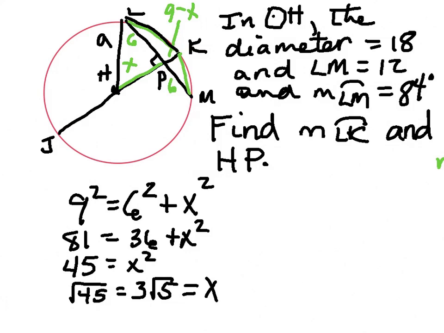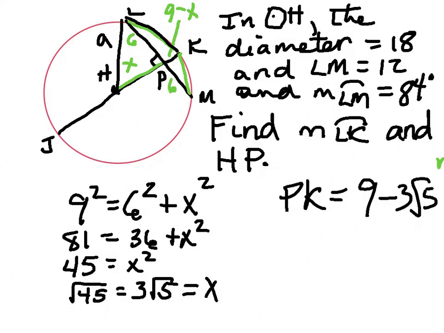If I wanted to also find PK, then I would do 9 minus x. And some problems do ask you to do that, so I apologize. But that would be 9 minus x, or 9 minus 3 square root of 5, for PK. So PK is this, and this is HP, which I already found. So it becomes a Pythagorean theorem problem. A little bit tricky, that's why I wanted you to think about it.